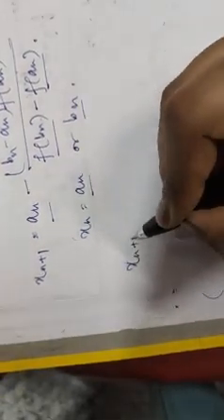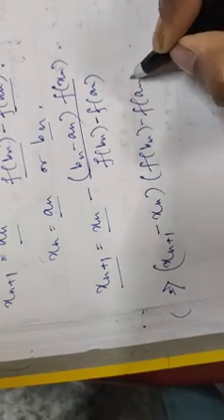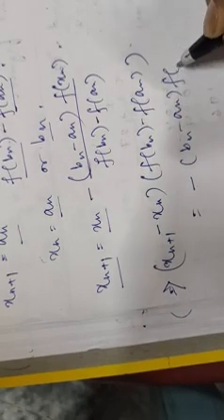So xn plus 1 equals xn minus bn minus an by f of bn minus f of an into f of xn. Just putting this on one side, we will get xn plus 1 minus xn into f of bn minus f of an equals minus bn minus an into f of xn.